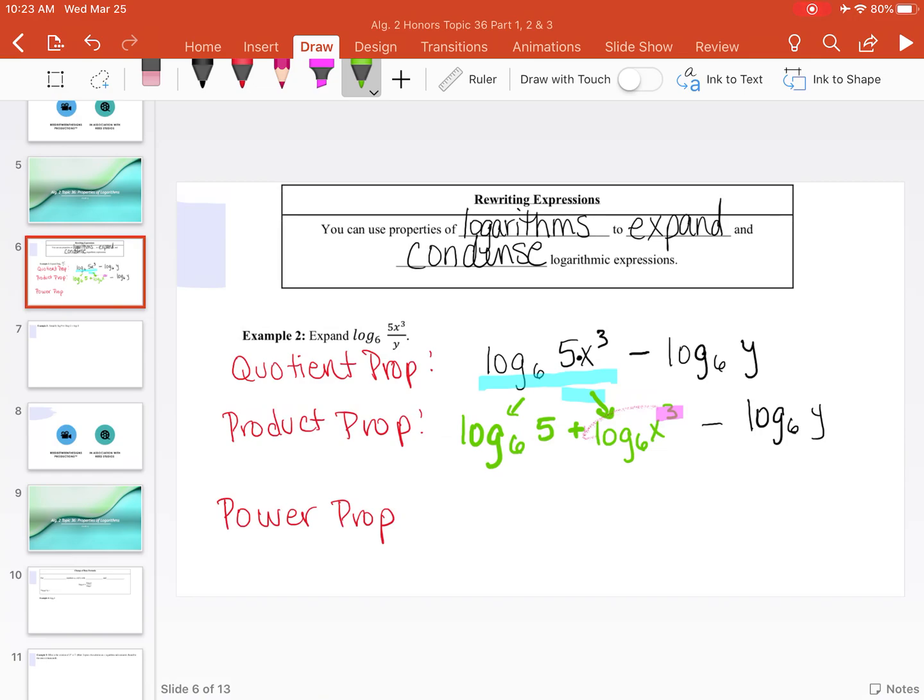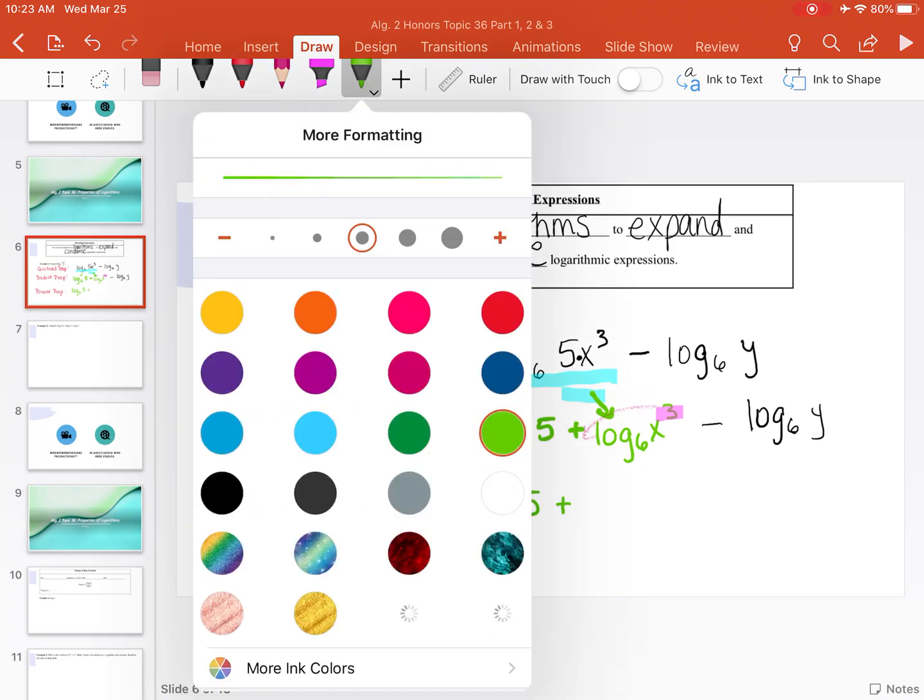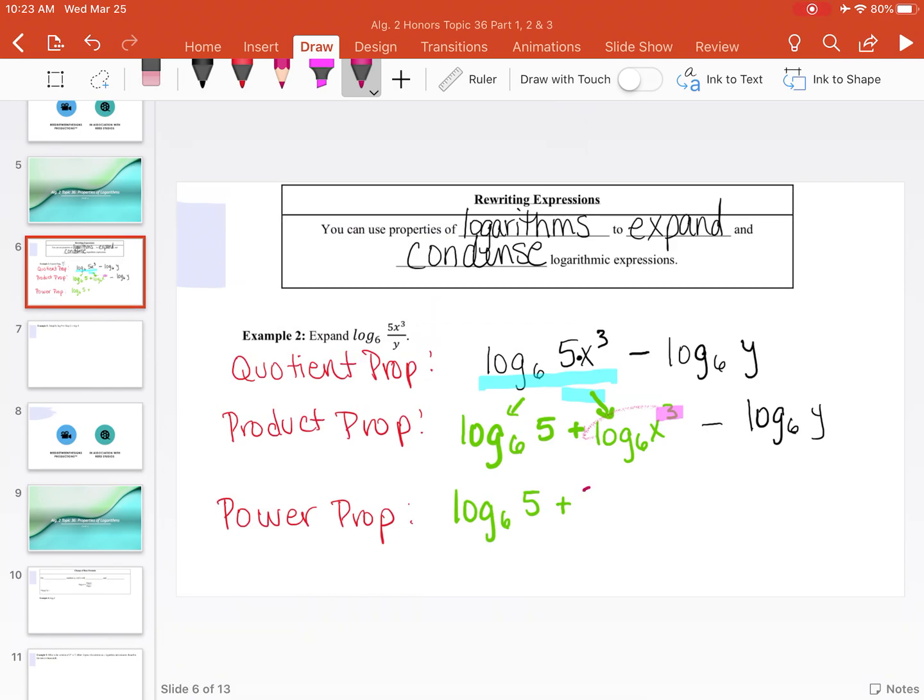We can rewrite this as log base 6 of 5 plus, now we're going to bring down that 3 to get 3 times log base 6 of x, then minus our log base 6 of y.